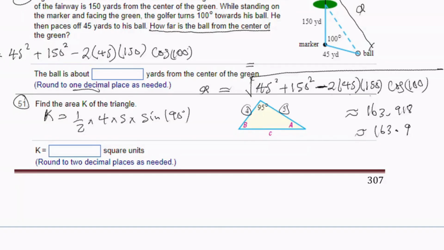You can just check from the formula. So to two decimal places, this gives us 9.96.